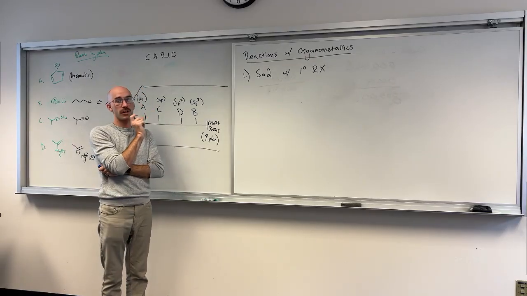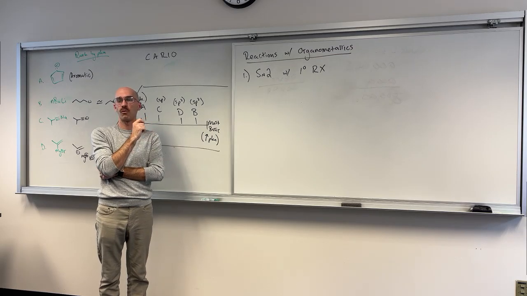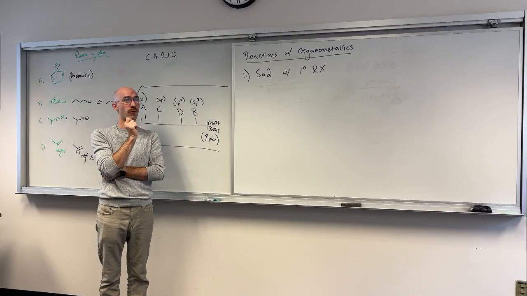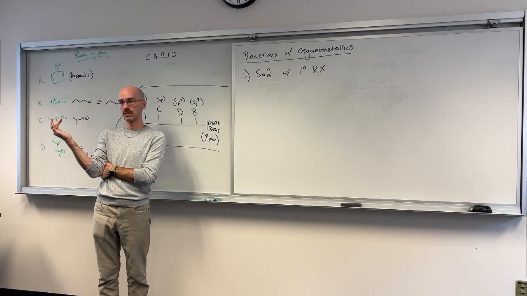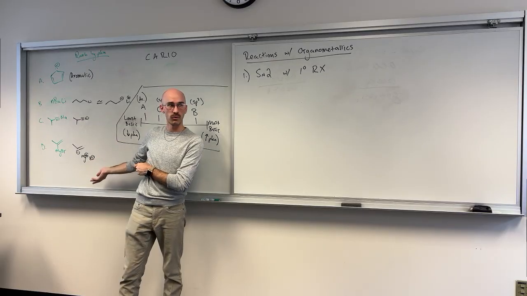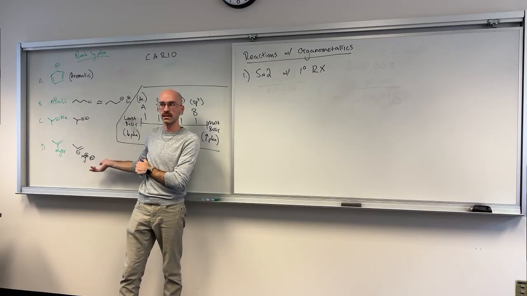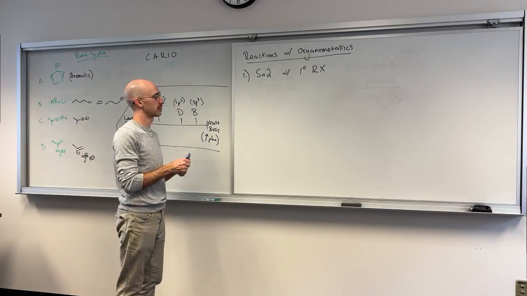Now, because these are such strong bases, we need to be careful about what type of alkyl halide we run them on. If we go for a tertiary alkyl halide, straight to elimination. These would love to take a hydrogen, and so they will run elimination instead. But on a less substituted carbon, we can run SN2.